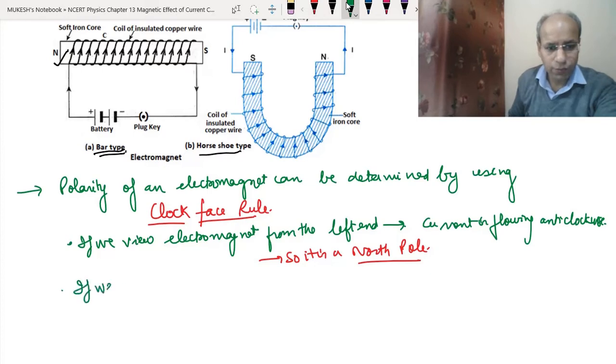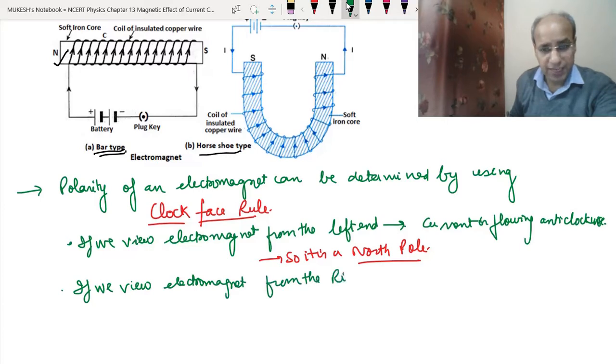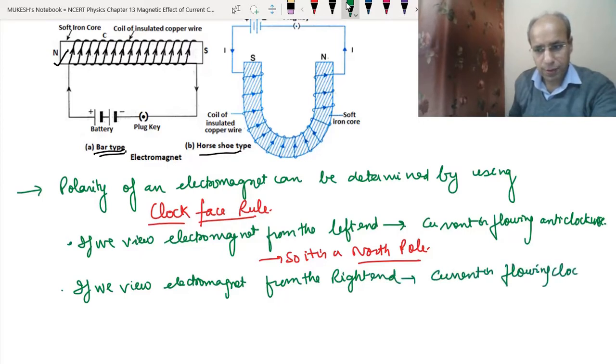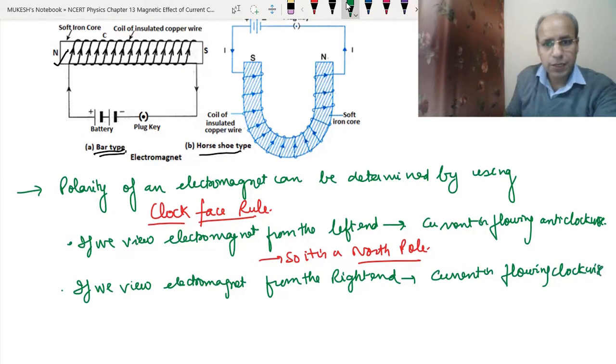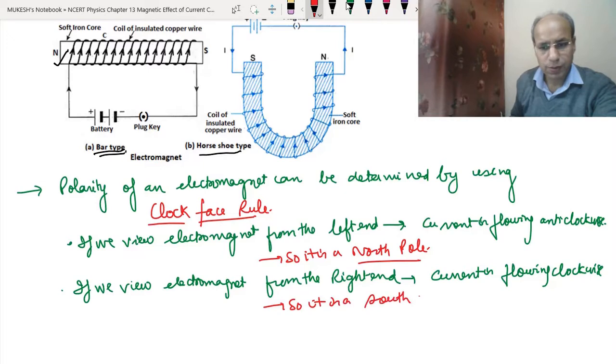If we view the electromagnet from the right end in this diagram only, the current is flowing clockwise, so that means it is a south pole.